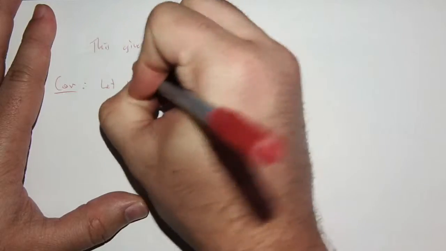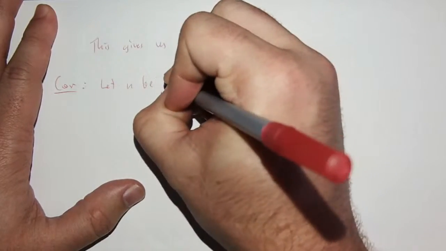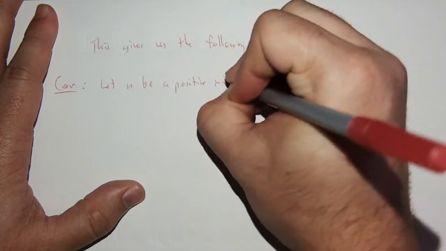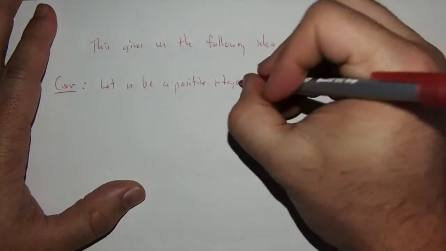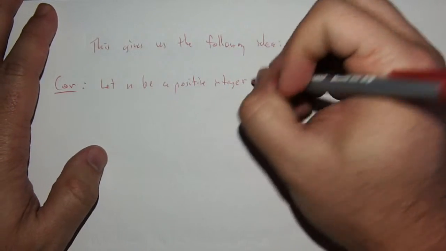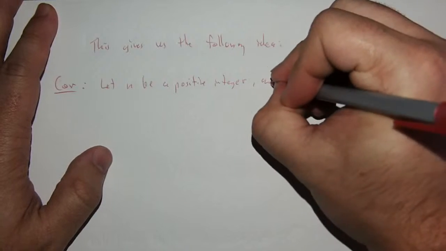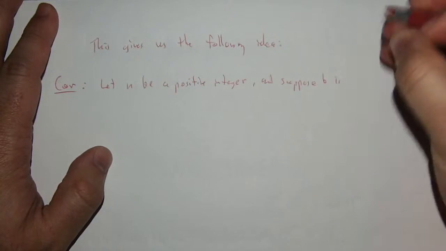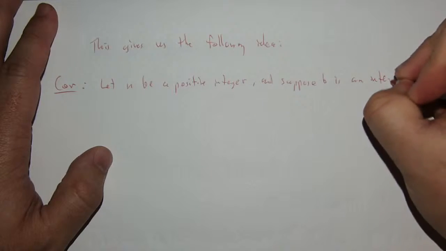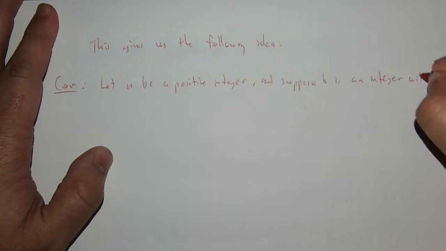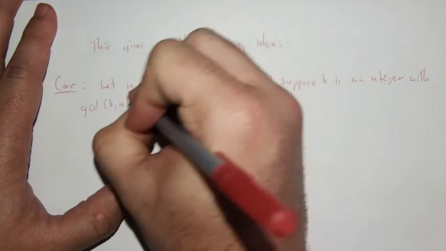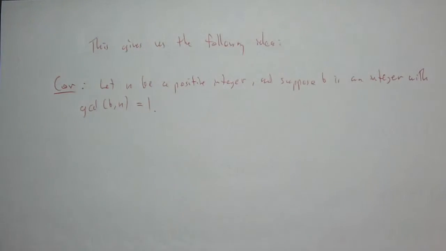Let n be a positive integer and suppose b is an integer with GCD of b and n equal to 1. So let b be an integer relatively prime to n.